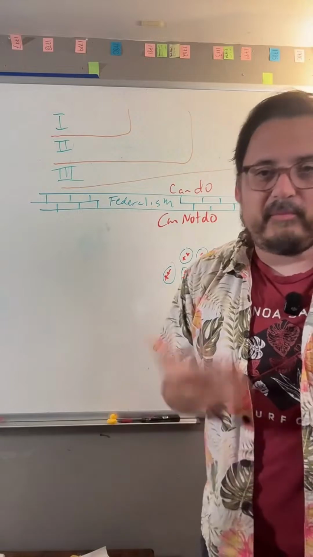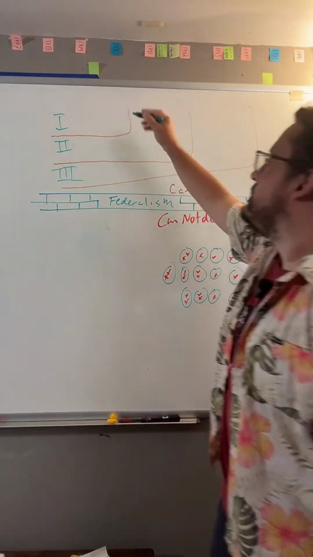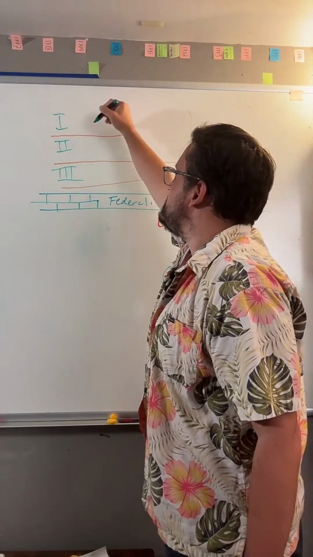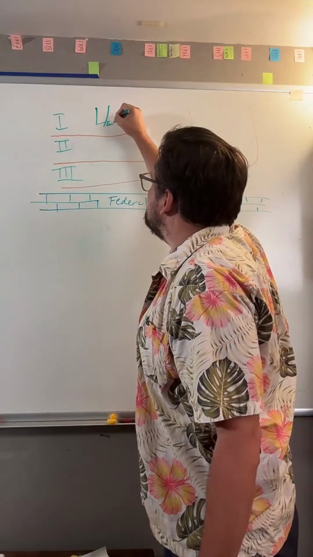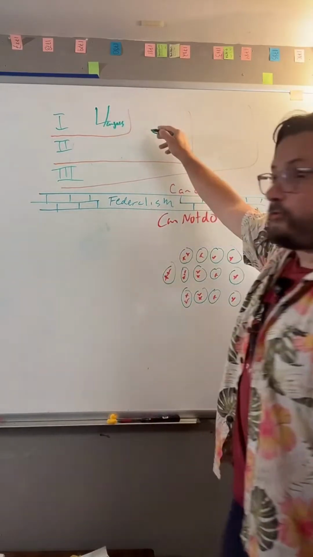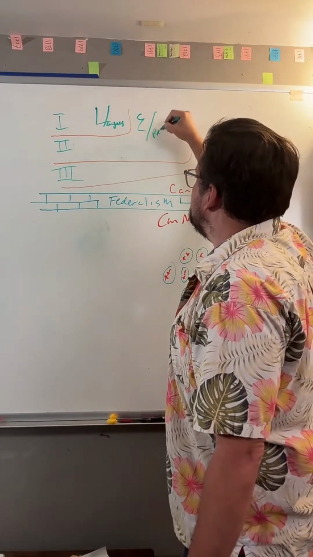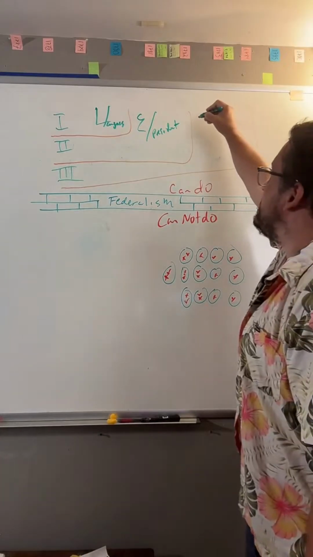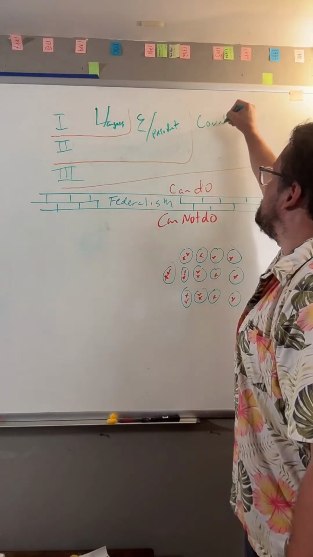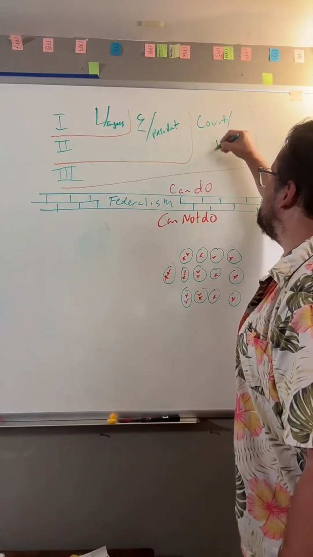I really don't need the third wall, but it makes me feel better. Article 1 is the legislature, that's Congress. Article 2 is the executive, that's the president. Article 3, that is the court, the judiciary.